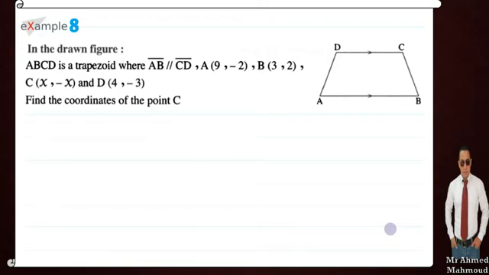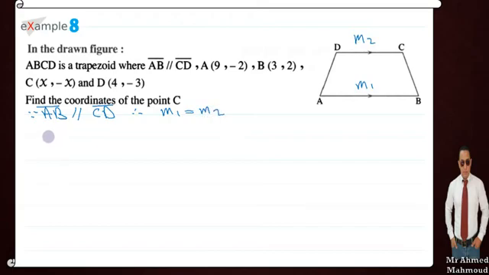Okay, now it's very easy, because since AB is parallel to CD, I will call this one M1 and this one M2. Therefore, M1 equals M2.